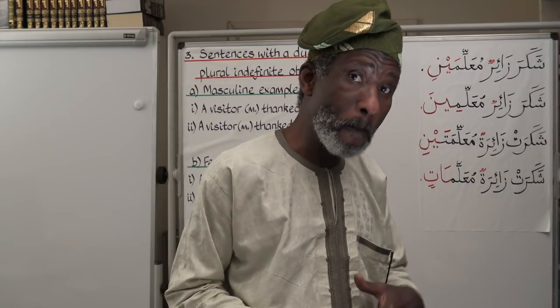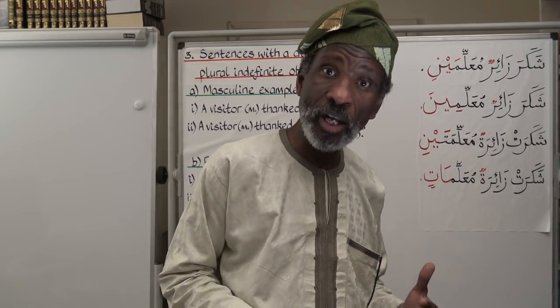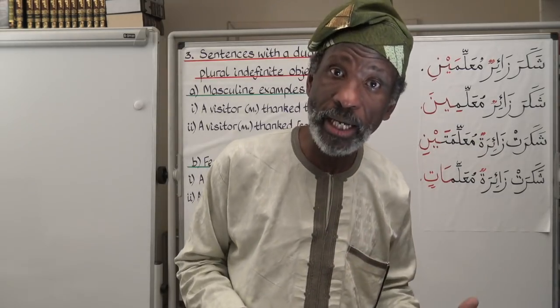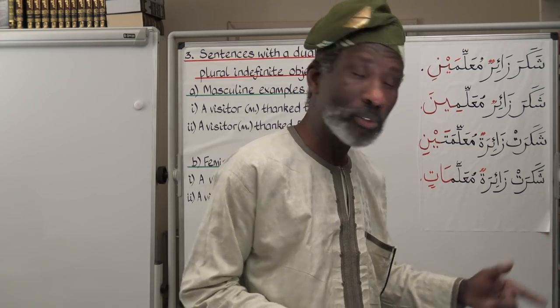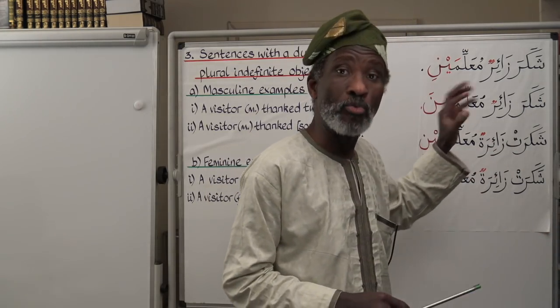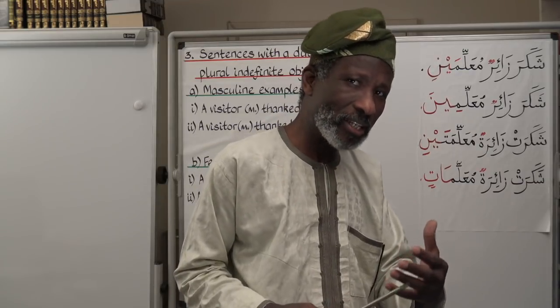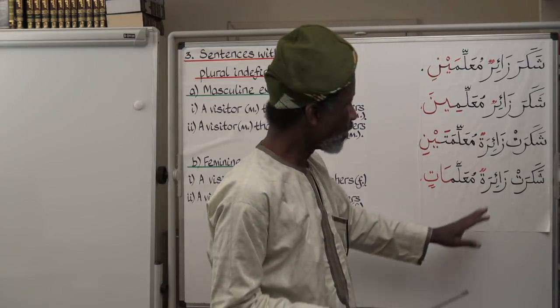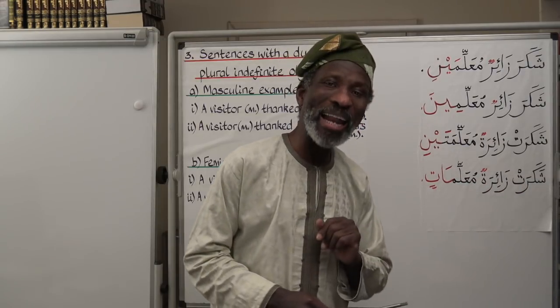If we want to make the visitors become the object, it will be ina, zairina, and then we will say shakara muallimuna zairina. See, it is fascinating. For the feminine section, shakarat zairatun muallimatin.